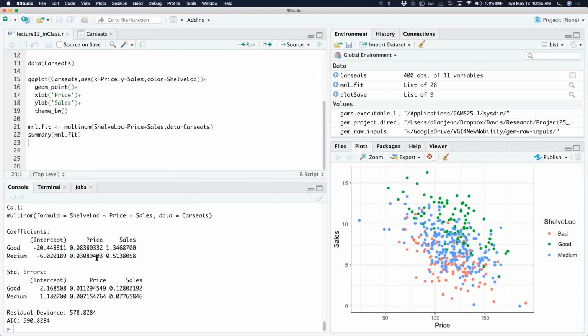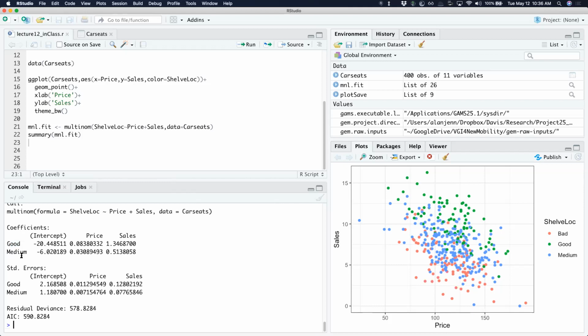If I do a marginal change at a price of $100 and I go up $1 or down $1, compared to if I were at $150 for the price and I go up $1 and down by $1, the change in the probability of a good or medium is not going to be the same at those different levels.